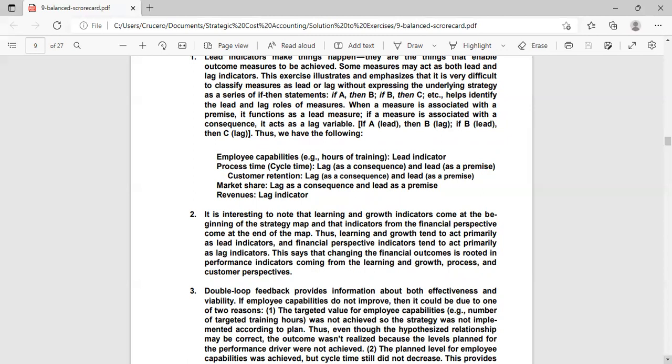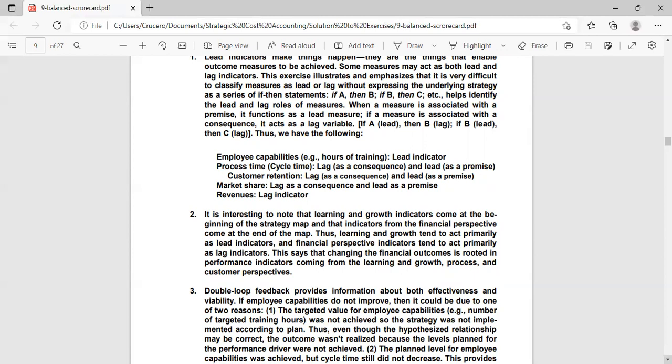This says that changing the financial outcomes is rooted in performance indicators coming from the learning and growth and customer perspectives. Then, using the first if-then statement, explain the concept of double loop feedback.